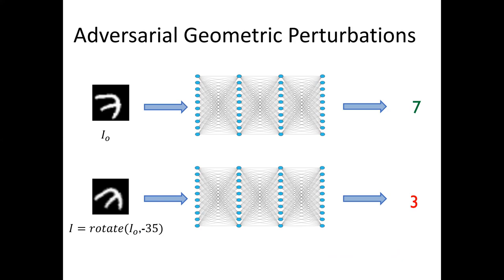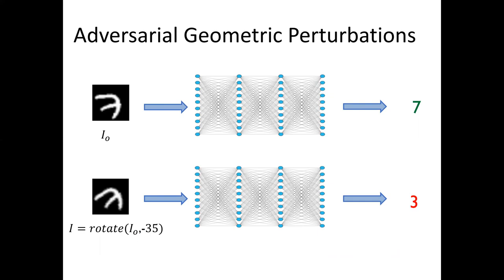In the first case, the network correctly classifies the image as 7, while once we rotate it and obtain this adversarial image, which looks like a 7, or somebody can even say it's a 3, but it's more like a 7, the network classifies it as a 3.